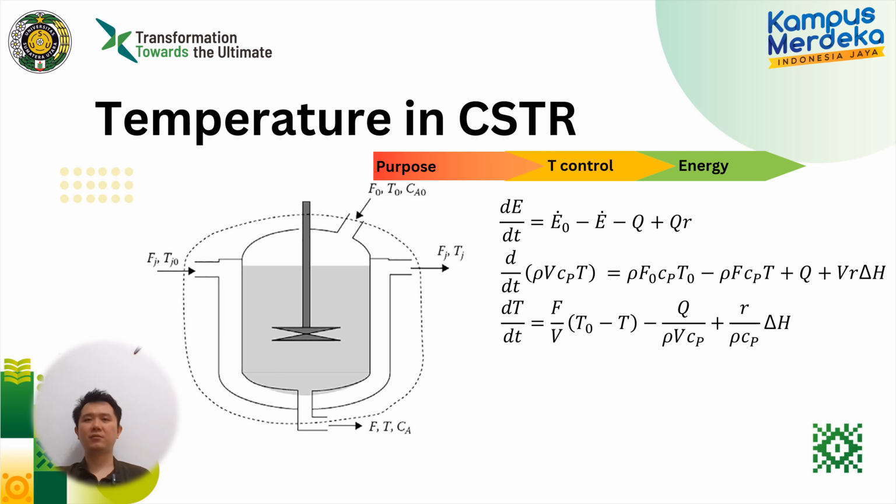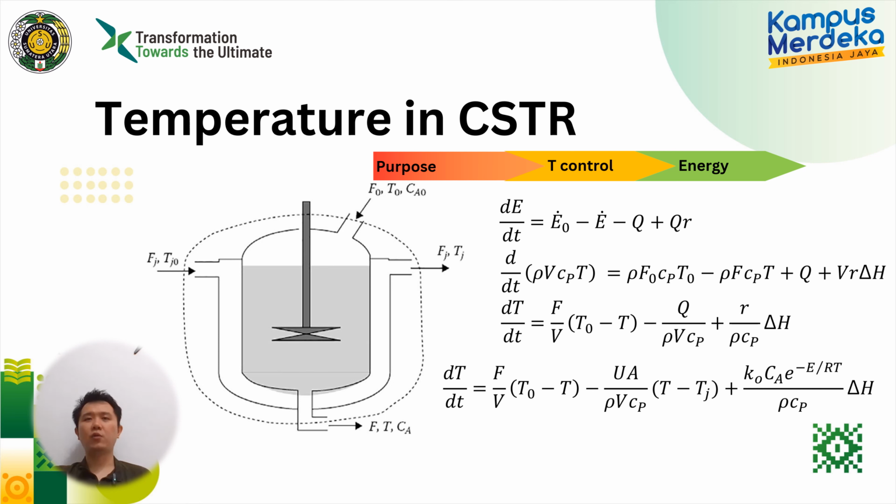Simplify the expression based on our assumptions. Again, we assume the volume, density, and heat capacity are constant. We add more equations, such as the heat transport and reaction kinetics. We take a reaction which is first order to A.